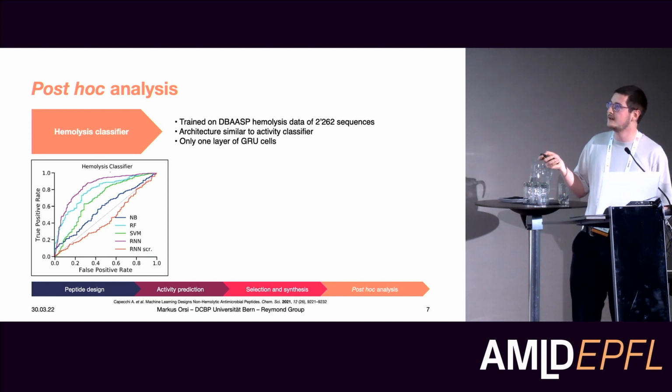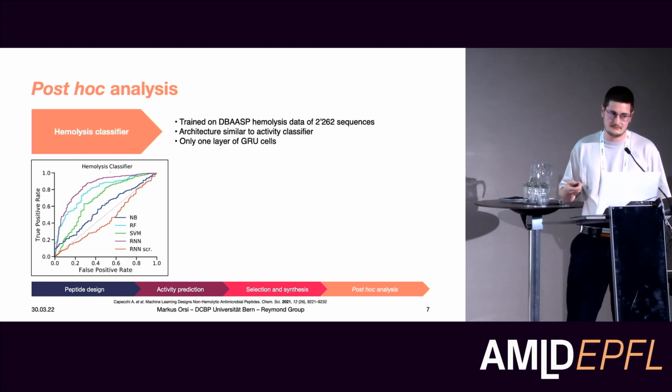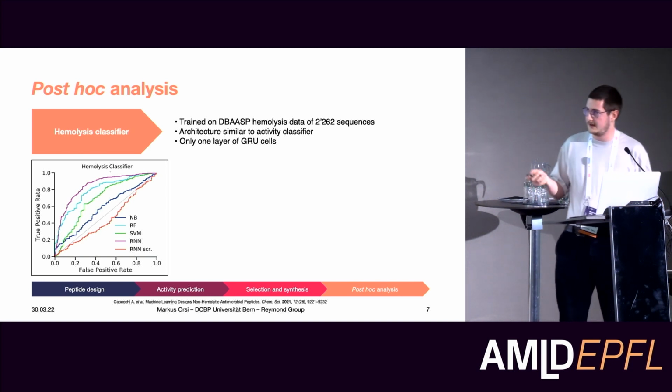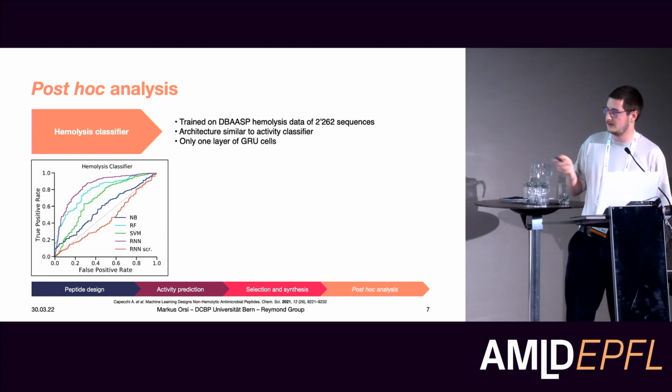So basically, what we did was very similar to the activity classifier. We trained a second model with a very similar architecture, but just one layer of GRU cells, and this time on hemolysis data, always from the same database, to predict if a certain sequence is possibly hemolytic or not. Again, we compared this with other classifiers, and we found that the RNN was actually the best one.